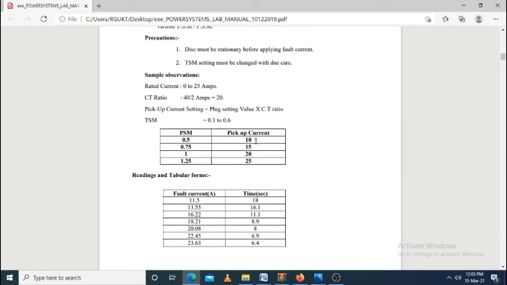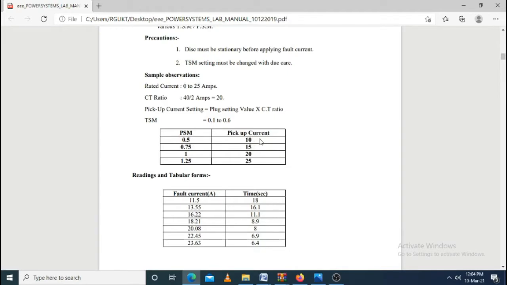We apply that 10 ampere current with the help of the variac. At 10 amps, how much time does it take? Correspondingly, 0.7 by 1.25 is a plug setting multiplier. Here I am taking 0.5 only, with the plug setting multiplier fixed and pickup current 10 amps.